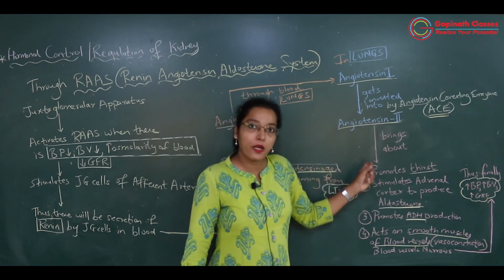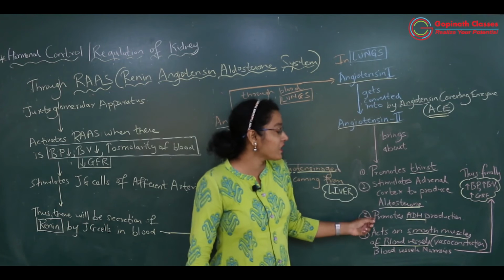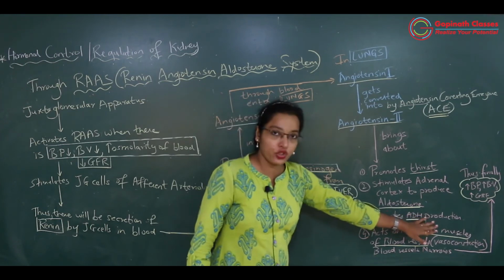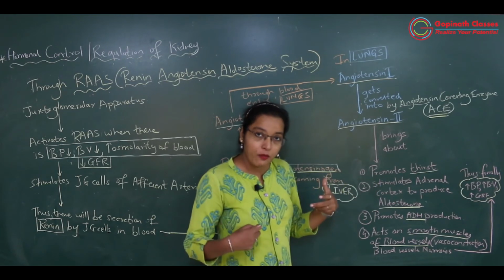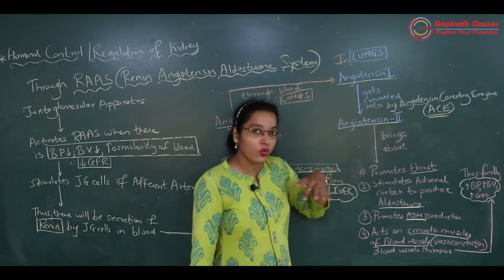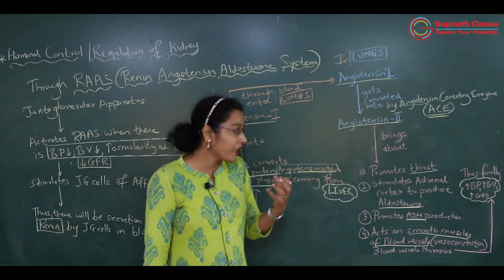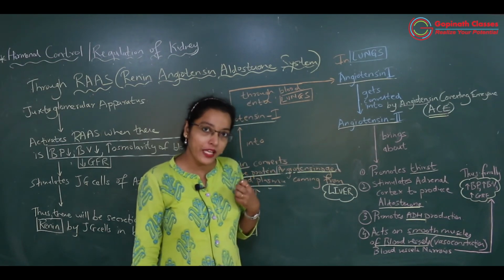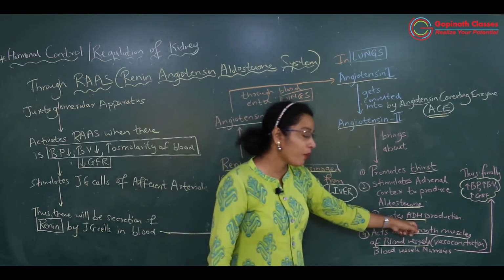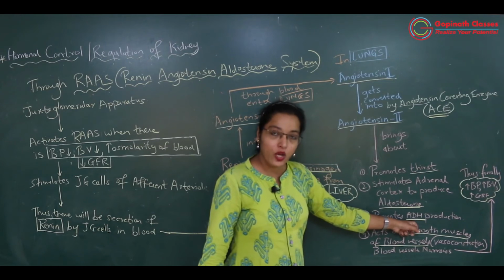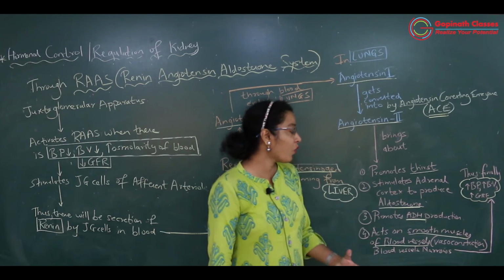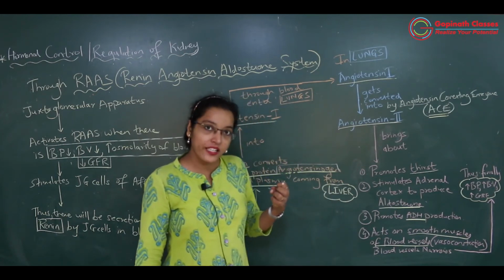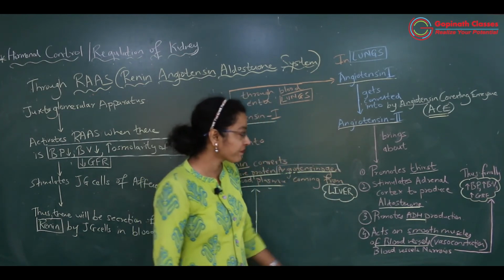Angiotensin 2 promotes thirst as well as it promotes ADH production. Thirst को promote किया, water gain किया body ने, that water should be maximum reabsorbed and it will be reabsorbed due to production of ADH. So hypothalamus को वो बोलेगा ADH भी produce करो. So ADH produce हो गया, water का maximum reabsorption हो गया DCT and CD से.